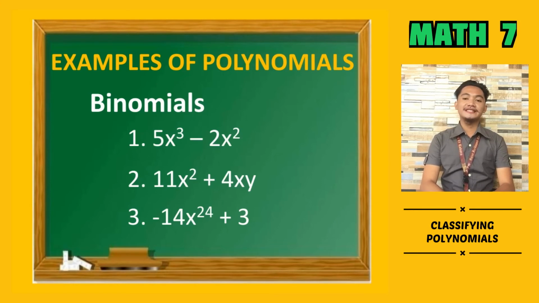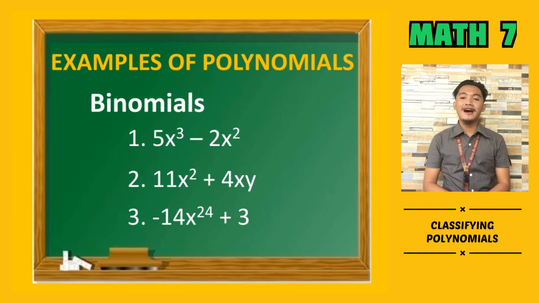We can observe in these examples that there is a plus or minus sign between the terms that will separate it into 2. 5x cubed and 2x squared are 2 terms separated by a minus sign. 11x squared and 4xy are 2 terms separated by a plus sign. And negative 14x raised to 24 and 3 are 2 terms separated by a plus sign. This is why these are called binomials.